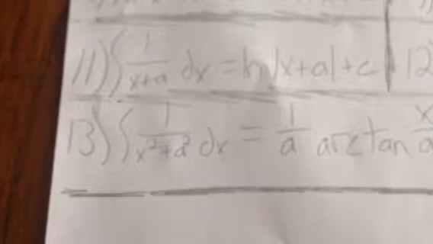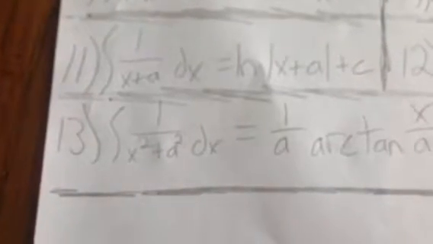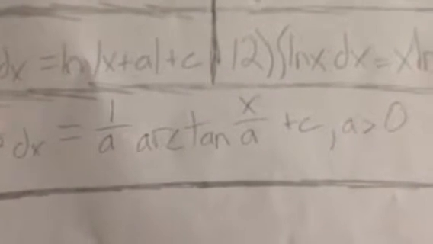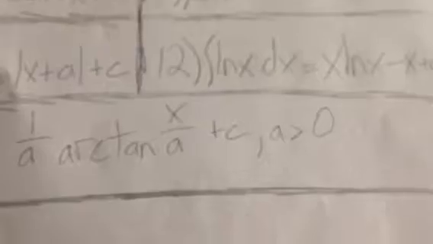The 12th states that the integral of ln x dx is equal to x times the natural log of x minus x plus c. The 13th states that the integral of 1 divided by x squared plus a squared dx equals 1 divided by a arctan of x divided by a plus c, and a has to be greater than 0.